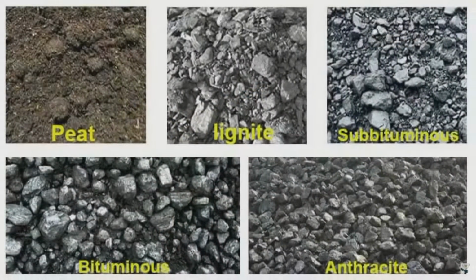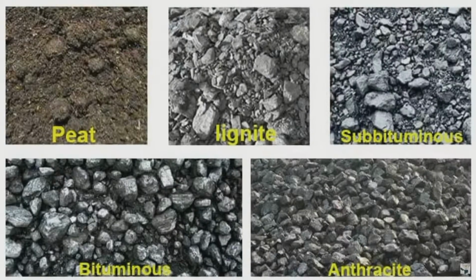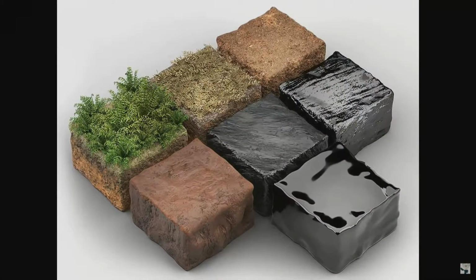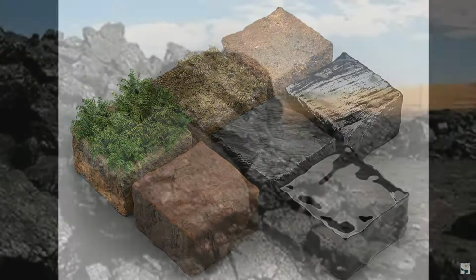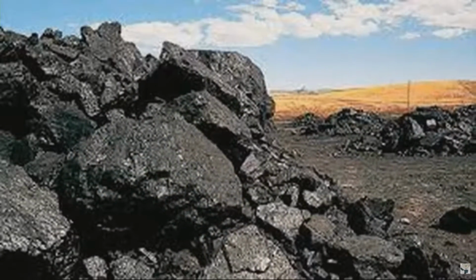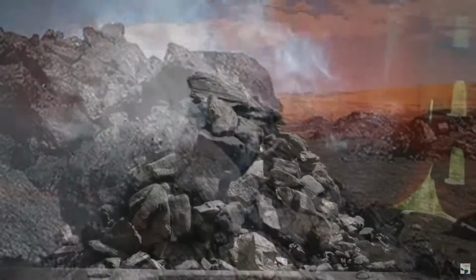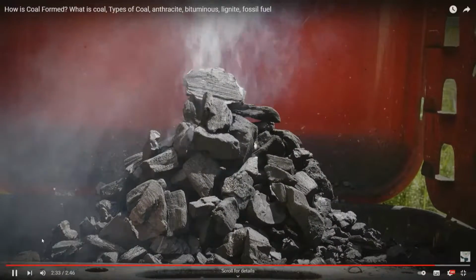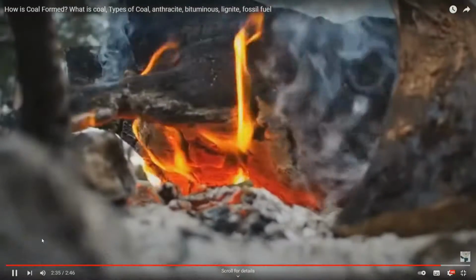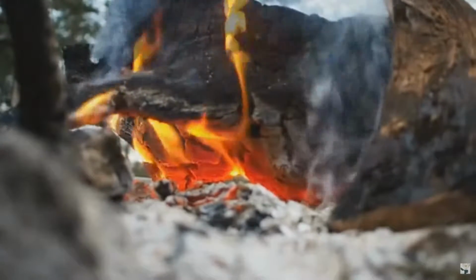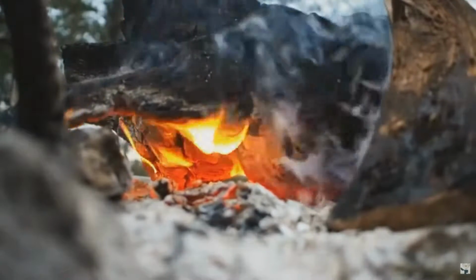First, lignite becomes subbituminous coal, then bituminous coal, and finally the highest quality, which is known as anthracite coal. As these transformations occur, the amount of water and other compounds in the coal decreases and the coal becomes more dense with a higher carbon concentration.